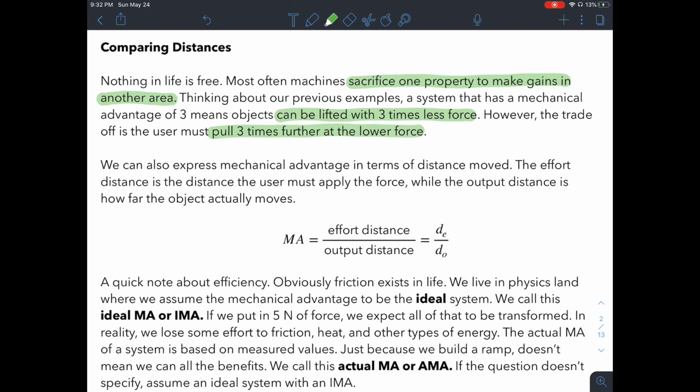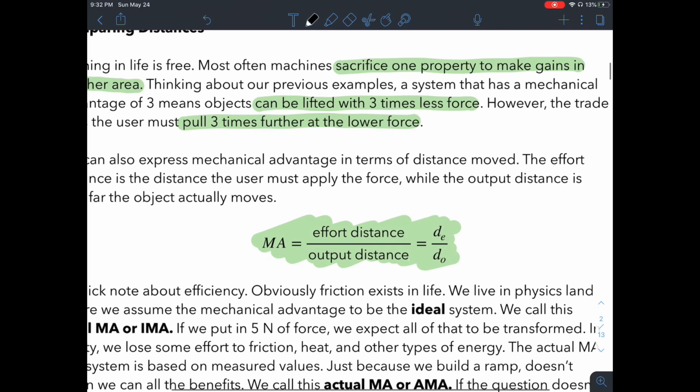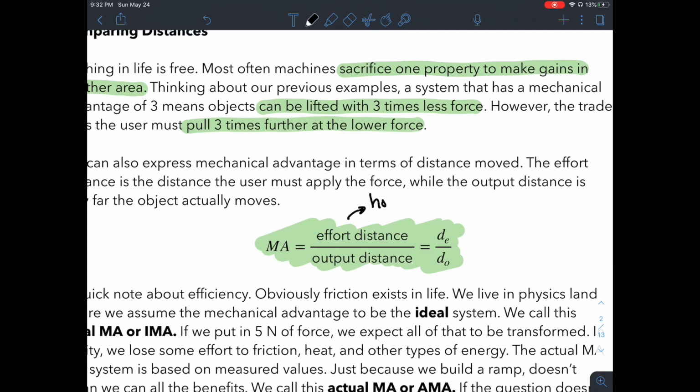So we can compare our mechanical advantage in terms of distances as well. Really we say our effort distance divided by our output distance. You can put DE and DO if you want, but it really doesn't matter. All we're saying is that the effort is how far we have to pull, and the output is what we need.